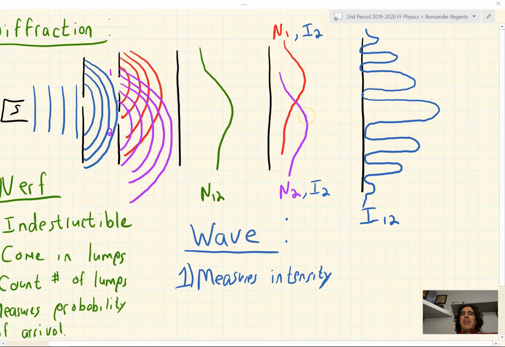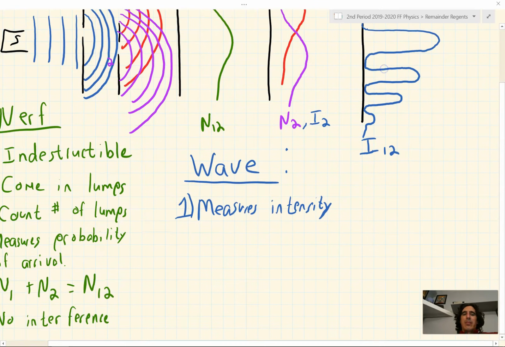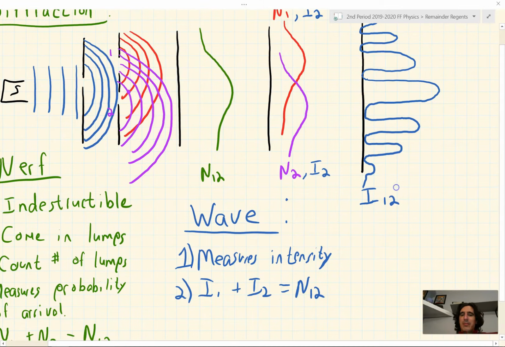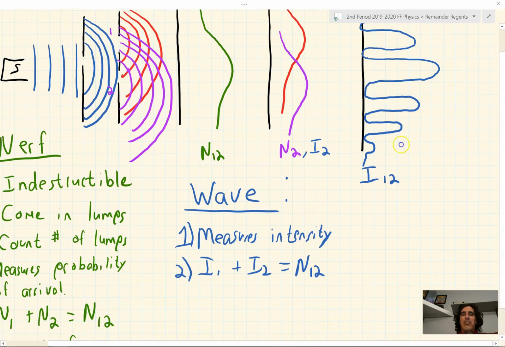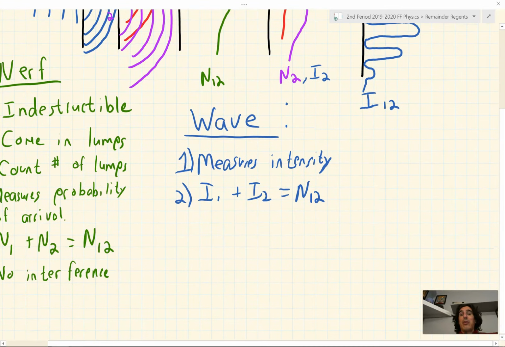If we added these two together just like the particles, we don't get N12. So we can say that I1 plus I2, measuring those two intensities, does not give us N12. The reason is that it shows interference, constructive or destructive.